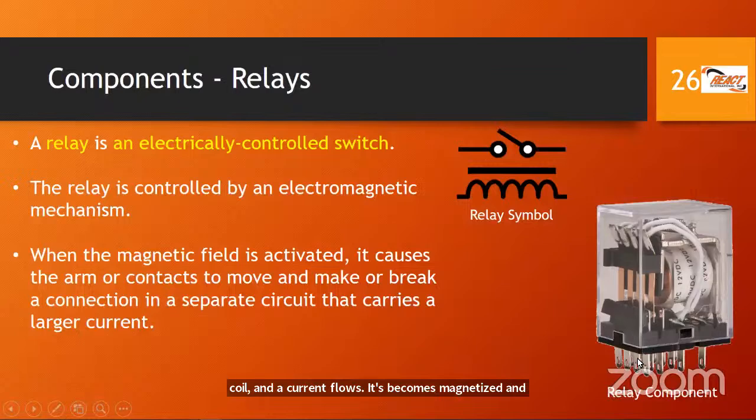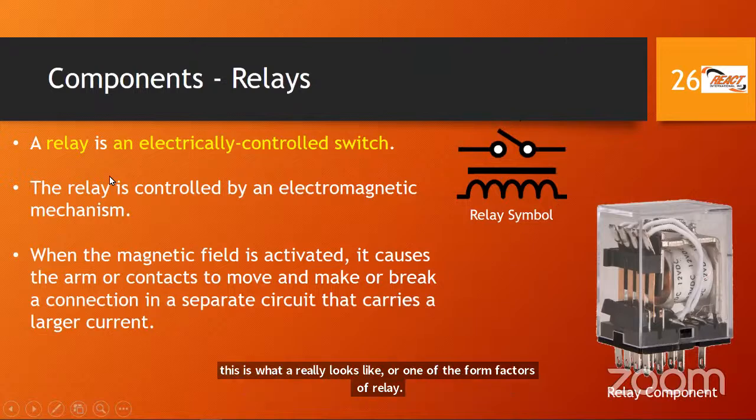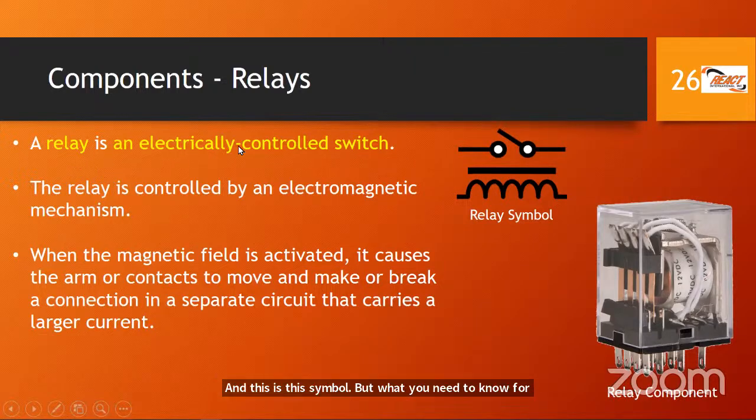So the contacts move, it breaks from one set of pins and it makes with another set of pins. And these pins here can carry larger currents. So this is what a relay looks like, or one of the form factors of a relay. And this is the symbol. But what you need to know for the exam is a relay is an electrically controlled switch.